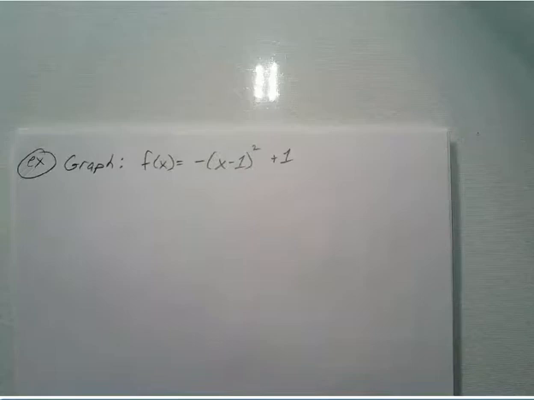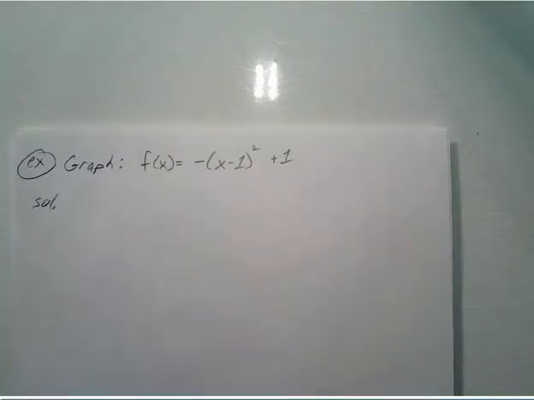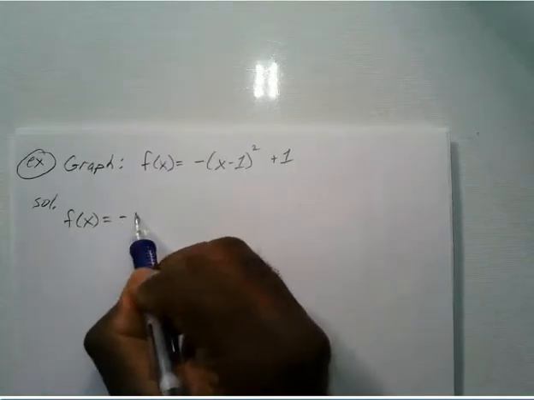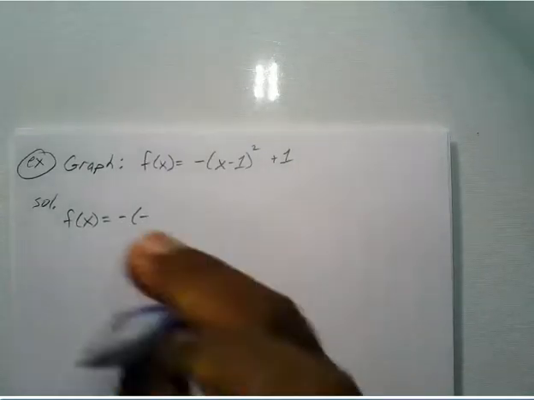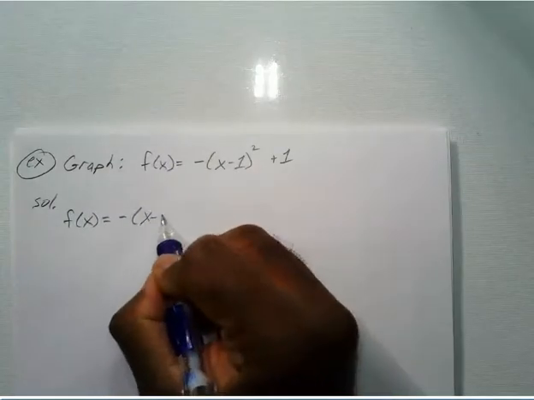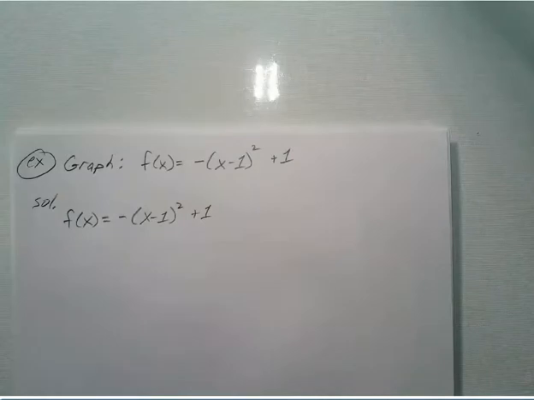I'll show you why I think this one's pretty fun. Okay. Now, if we look at it this way, f of x equals negative x minus 1 squared plus 1.